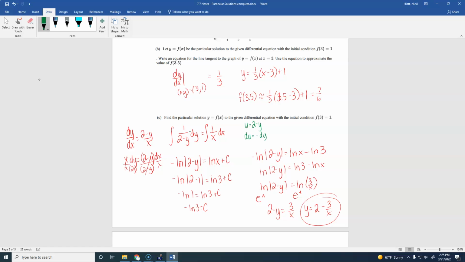So you need a negative here, which means you got to put a negative out front. And so when you integrate that, it's just going to be natural log of the u, which is your denominator. So you get natural log of 2 minus y, and you have that negative out front where you had to do that u-du substitution.